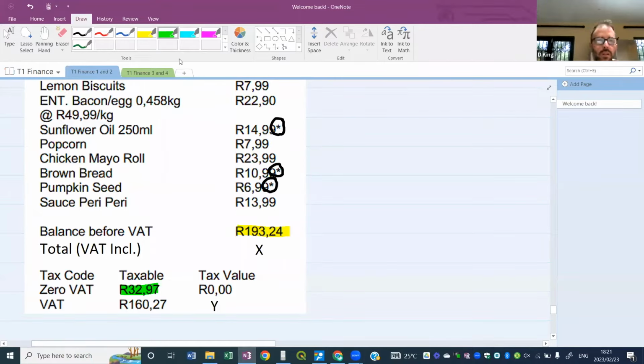All the other products, which must have VAT charged on them, come to 160 Rand 27. So that's that. You see that it says VAT. You must be charged VAT on 160 Rand 27's worth of goods. The other 32.97, you must not get charged VAT on that. No shop is allowed to charge you VAT on that amount.